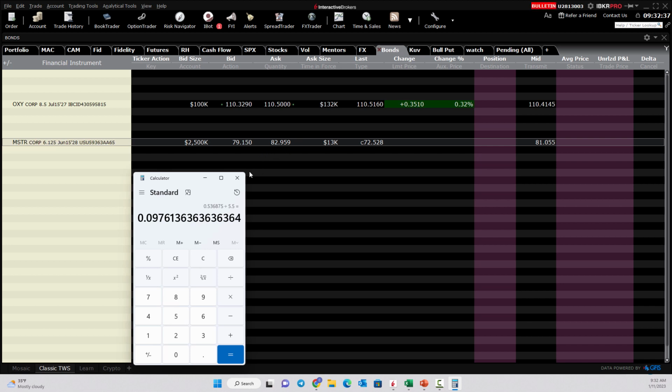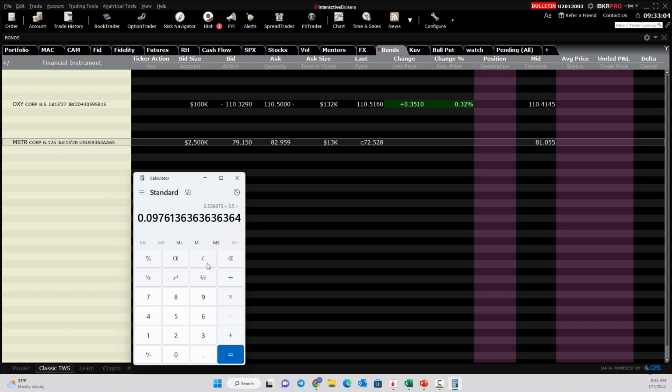That's factored into your overall rate of return. Just like in this Oxy trade, we're not making 8.5 because we have to pay more than what the bond is worth at maturity. So we got to back out that overpayment into our total return. This isn't an 8.5. This ends up being a 6% return or whatnot. This one ends up being a 10% return.